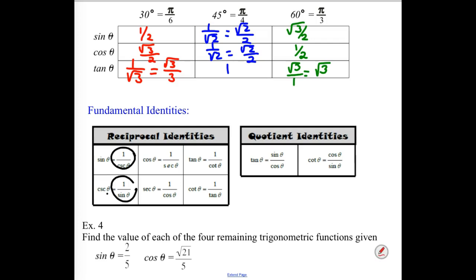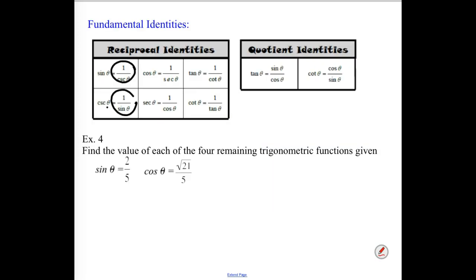The other one that's useful is our quotient identities. The first one says tangent is equivalent to sine divided by cosine. I want you to think about that for a minute. If we take sine divided by cosine, and we refer to sine as opposite over hypotenuse, okay? We said cosine was adjacent divided by hypotenuse. How do we divide fractions?